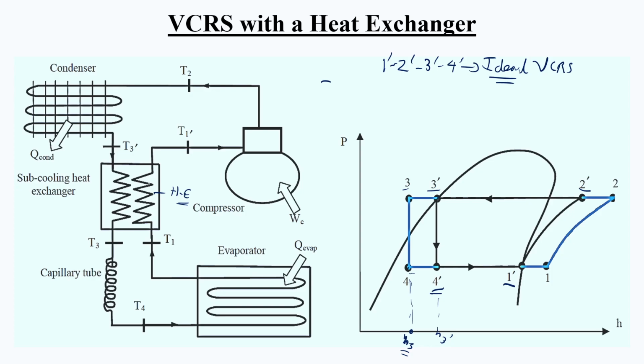At the same time, the vapor from the evaporator, which is saturated vapor before entering the compressor, takes heat and gets converted to a superheated vapor even before entry into the compressor.